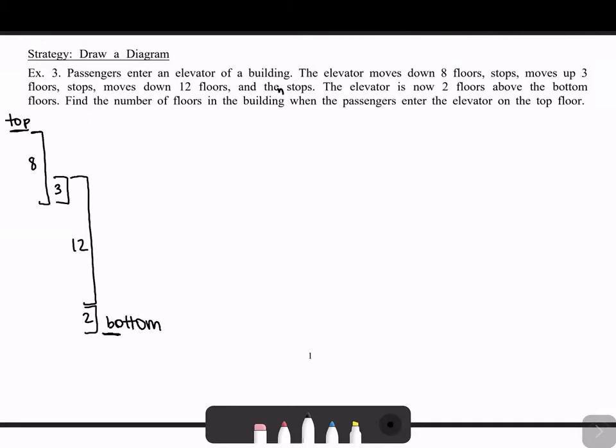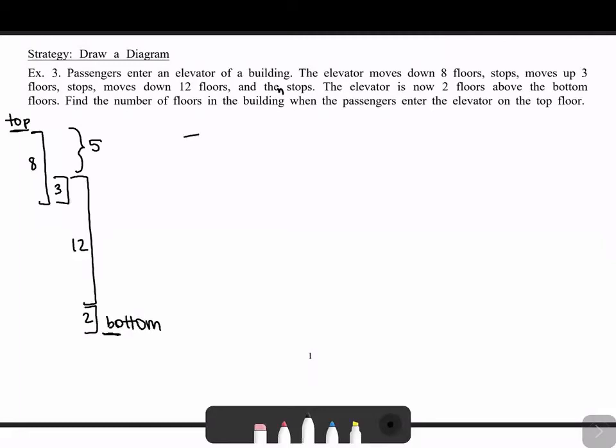I see really 2 chunks, right? We have this section of 12 and 2. And then we also have this section up here where they originally went down 8 floors. We can see that that was where they originally went down 8 floors and back up 3 floors. So in this gap, there should be 5 floors. And so then we have every floor covered from the top to the bottom.